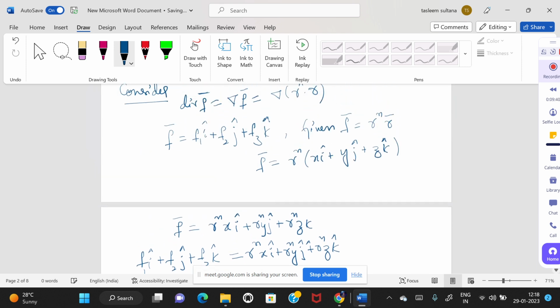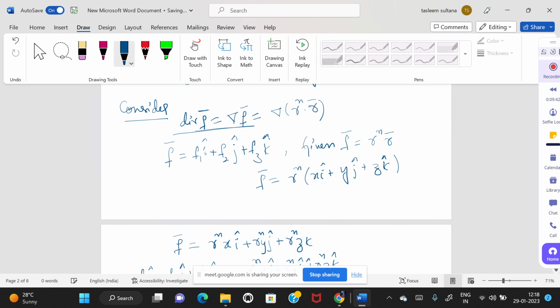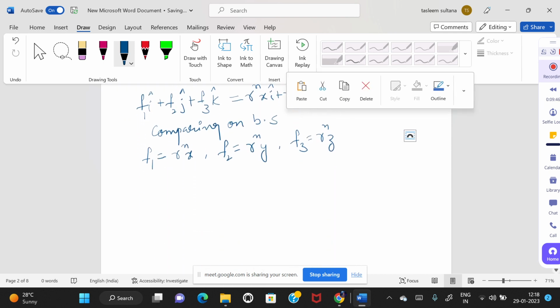Now consider this part. Now it's clear. What we have to find?